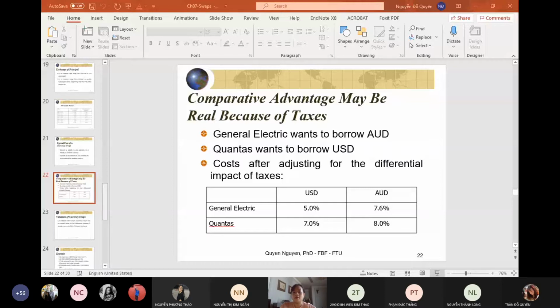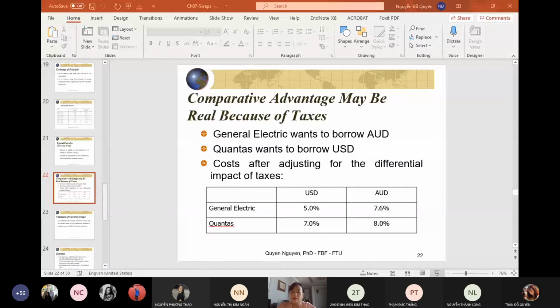And then Qantas wants to borrow US dollars at 7% offered to Qantas, but when we take into consideration the comparative advantage of 0.7, then it will end up borrowing at what rate? 7% minus 0.7 would be 6.3% in US dollars.